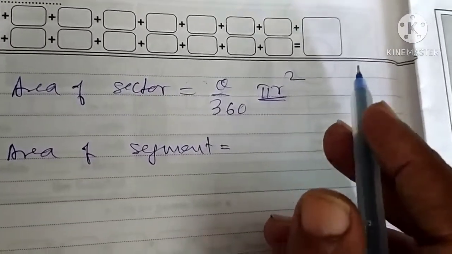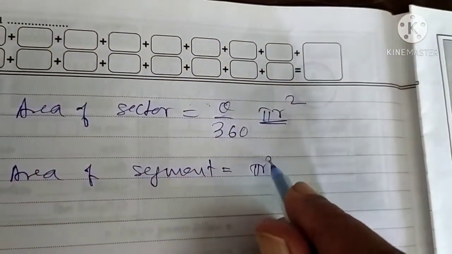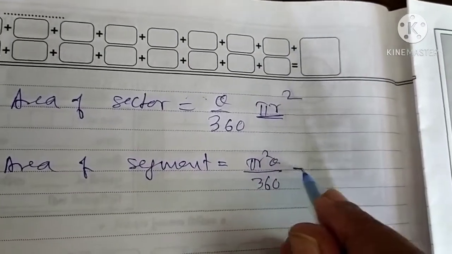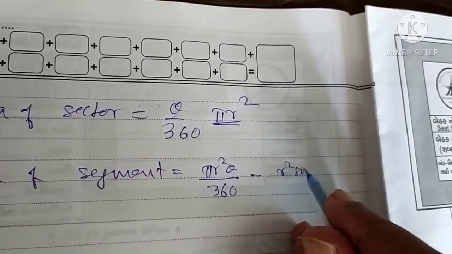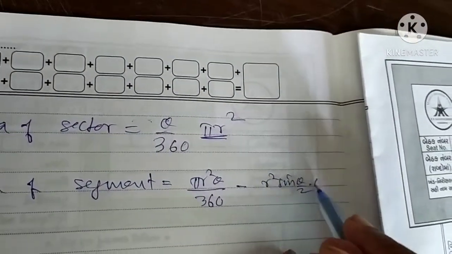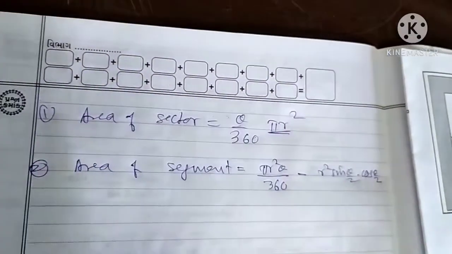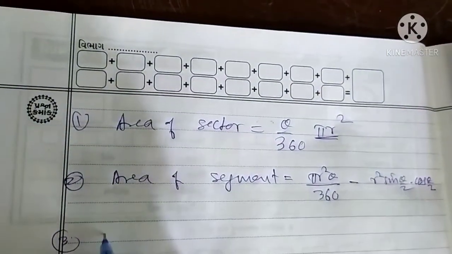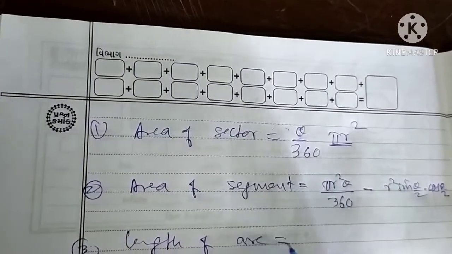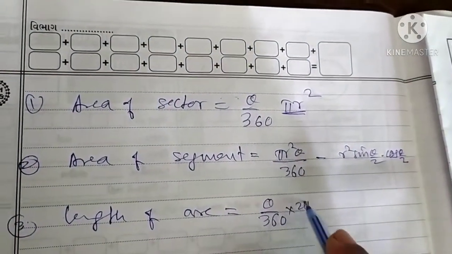So area of segment I am writing as a direct formula so that you will remember it. pi r square theta upon 360 minus r square sin theta upon 2 multiplied by cos theta upon 2. Okay, remember this. Again, third I am writing length of arc, that is equal to theta upon 360 multiplied by 2 pi r.